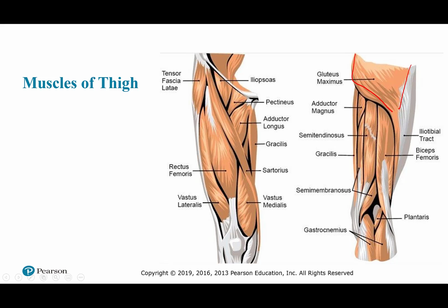If we move down toward the thigh, we have two main groups. We have the quadriceps group on the front of the thigh, the anterior region, and then we have the hamstrings group toward the posterior aspect of the thigh. Generally, the muscles that cross the anterior aspect of a joint would do flexion, and the muscles that pass the posterior aspect of a joint would do extension.